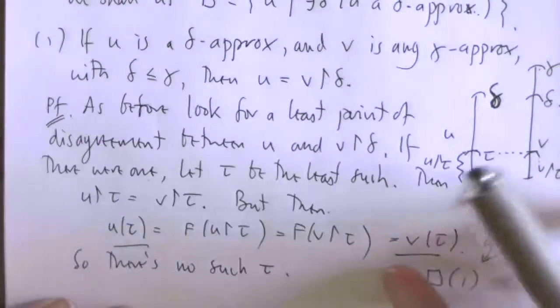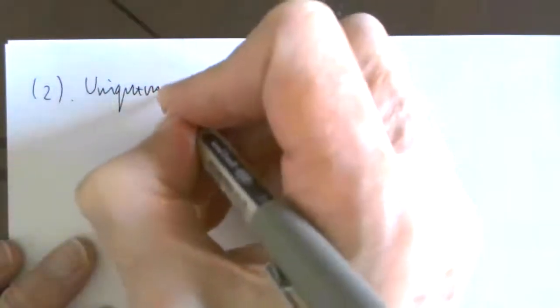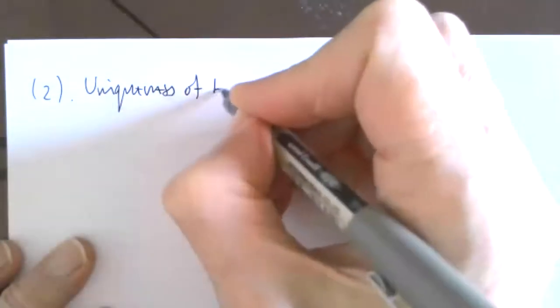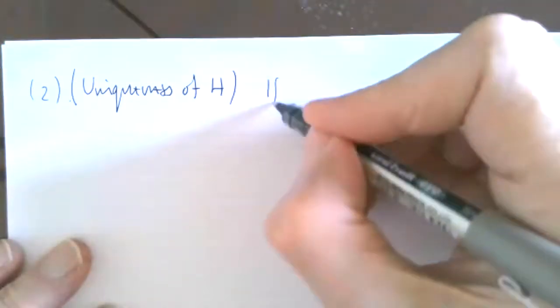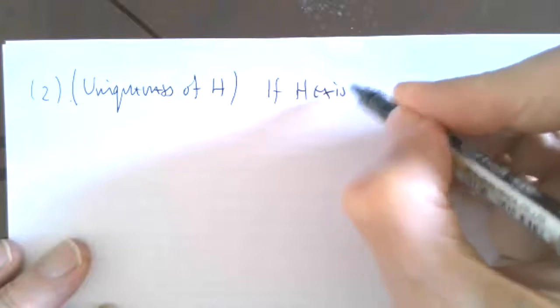And that's exactly the same here. So the second clause here would be uniqueness of h. So if h exists, it's unique.